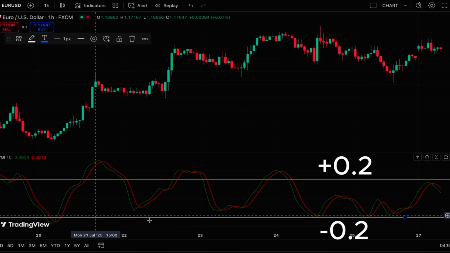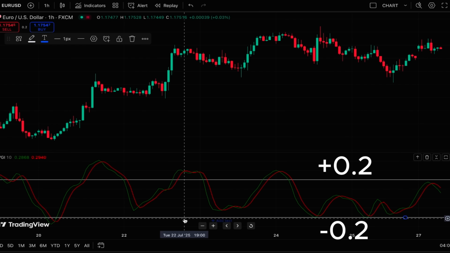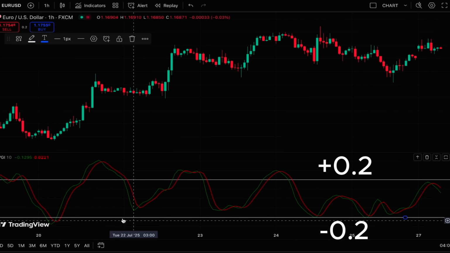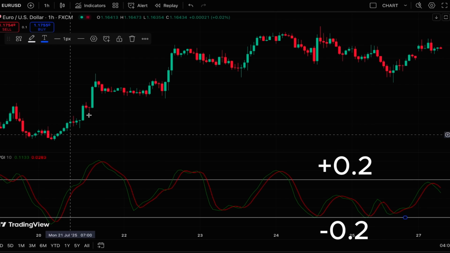And here we use these two levels at 0.2 and minus 0.2 as a benchmark for overbought and oversold conditions. When RVI line is above this level, we can say that it is overbought, so it is probable to have turning of the price, which could be just a pullback. And on the other hand, when RVI line is below this level, we can say it is oversold, so it is probable to have upside turning of the price.